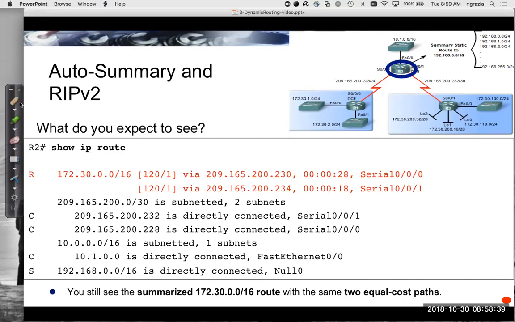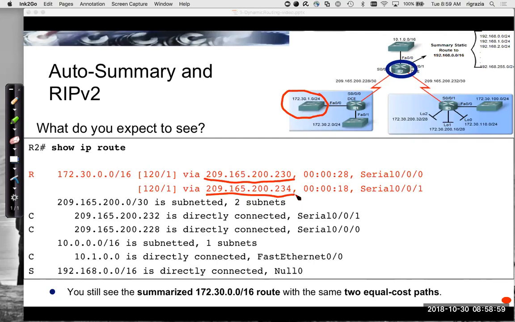Yes. So there are some potential problems here. What happens if it's trying to send a packet to 172.30.1.0/24? Well, R2 sees it as two equal cost paths, one via R1, one via R3.